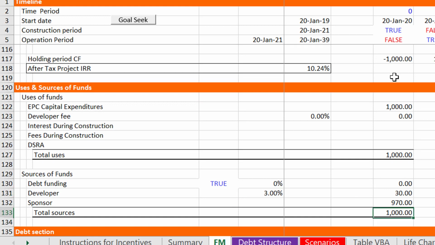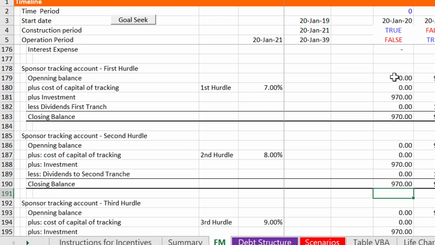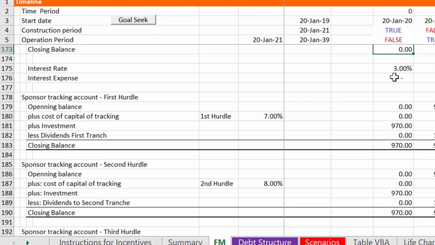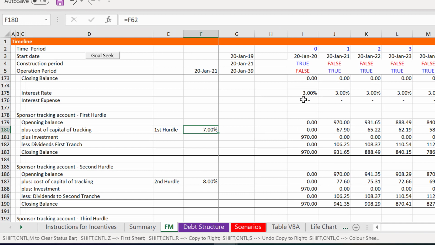Okay, so now we only put 970 into the investment. I hope I'm being clear. So now you can see in our little tracking account, we only put 970, and that means this 7% would be obtained a tiny little bit earlier. Now, you don't put any developer stuff in this tracking account, only the senior.